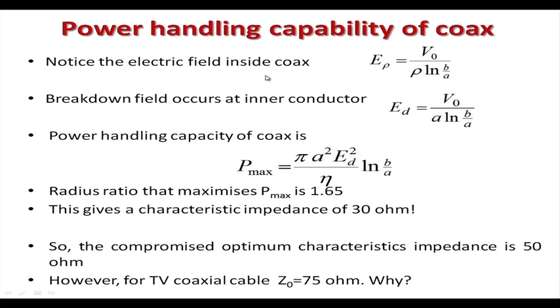Okay, loss is minimized, but what happens to the power handling capability? That means how much maximum electric field I can sustain without breaking down. So, the electric field inside coax is this. Obviously, this is maximum when rho takes the value of A, because rho extends from A to B, inner conductor to outer conductor.